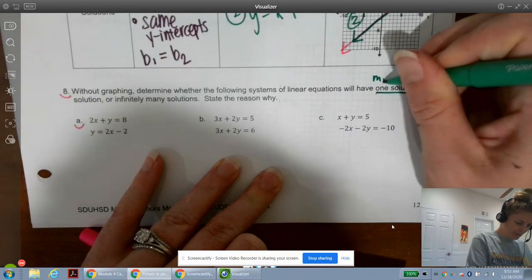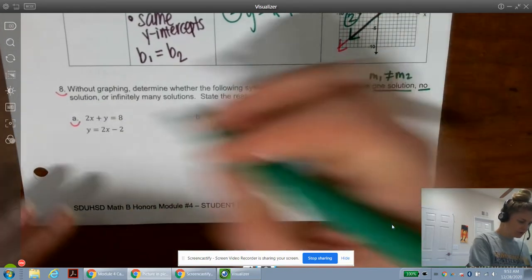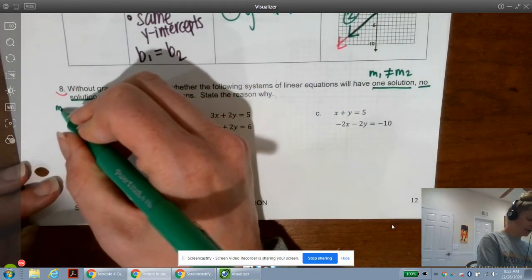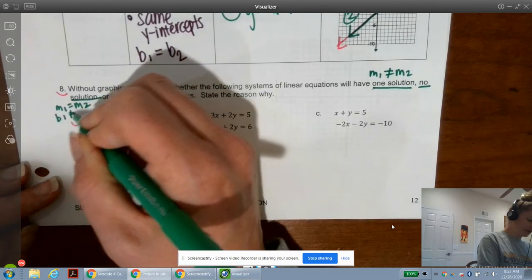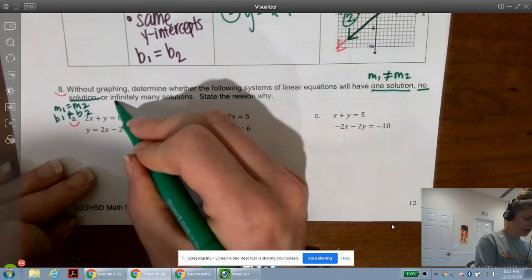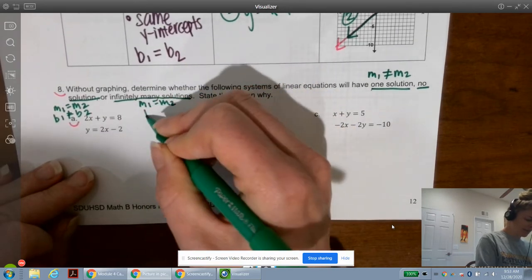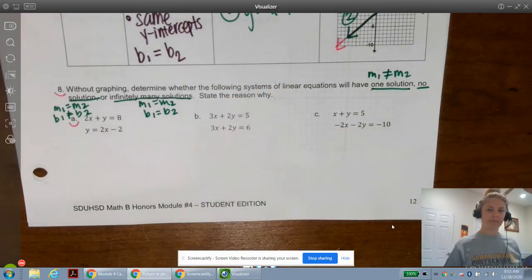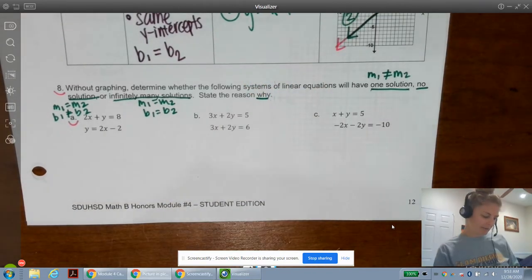Remember, m1 does not equal m2. No solution means they're parallel, so m1 equals m2, but b1 does not equal b2. Or infinitely many solutions, meaning they have the same slopes and the same y-intercepts. Because they're the same line, they intersect everywhere. Okay, and state the reason why. Por qué? You gotta explain yourself.